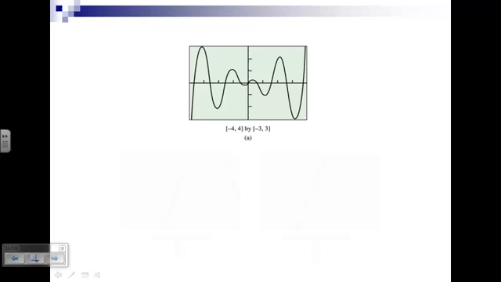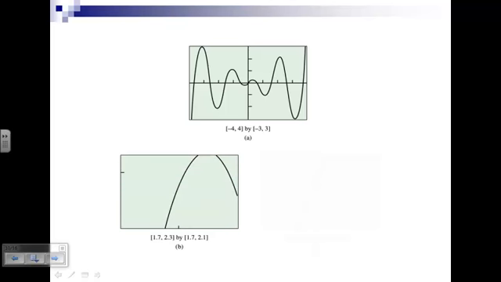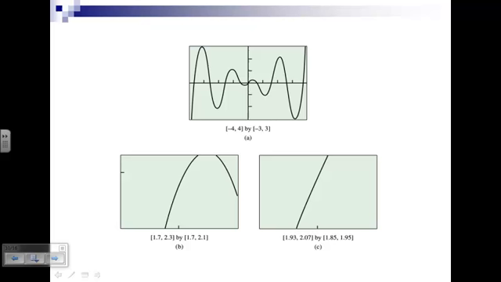Here's a curvy curve. But if I zoom in on it, oh, it still looks curvy, doesn't it? Maybe all I need to do is zoom in more. When I zoom in on this area only, it really appears like a straight line.